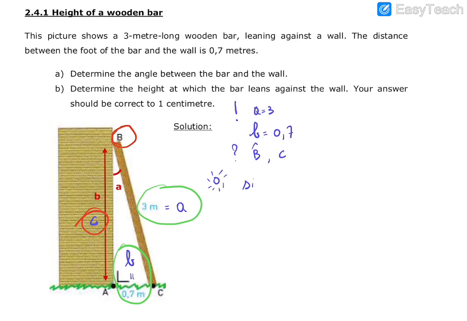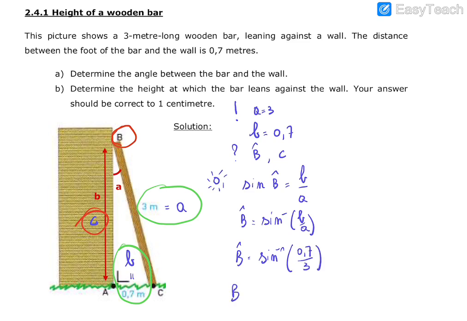So sine of B is equal to B divided by A. We're looking for an angle, so we're going to invert that sine. So angle B is the inverted sine of 0.7 divided by 3, and now you're going to use your calculator.